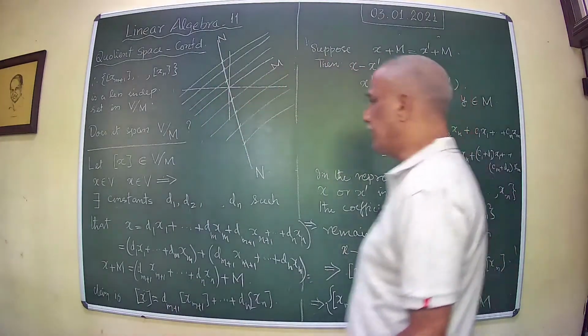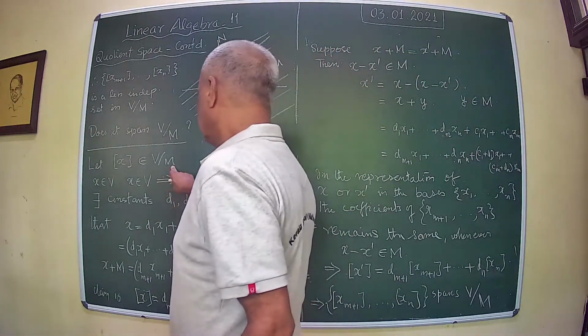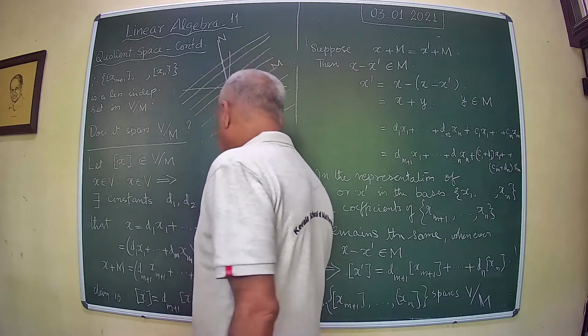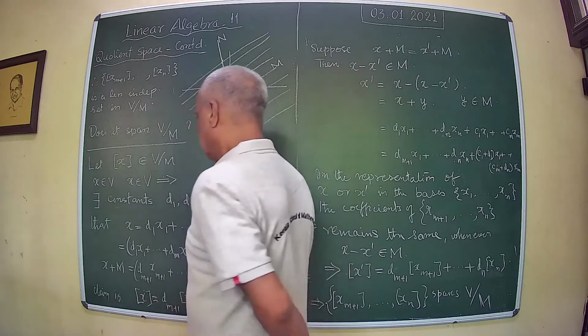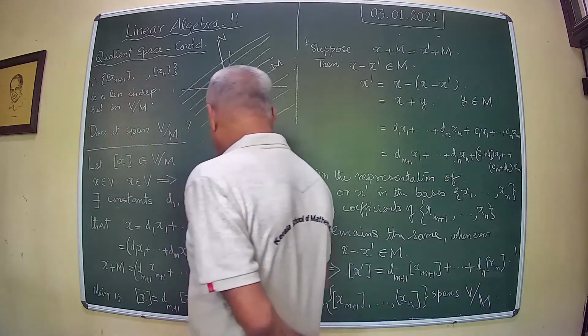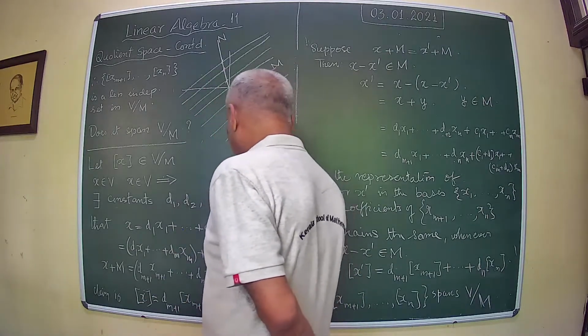So we start with an element in V by M, then we find out the representation of bracket x in terms of dm plus 1 etc. dn.